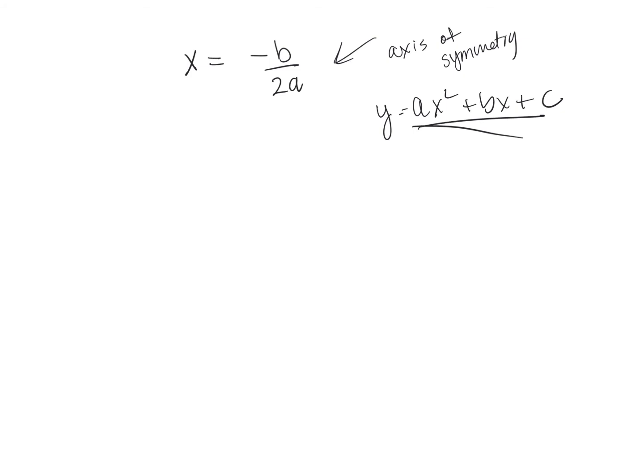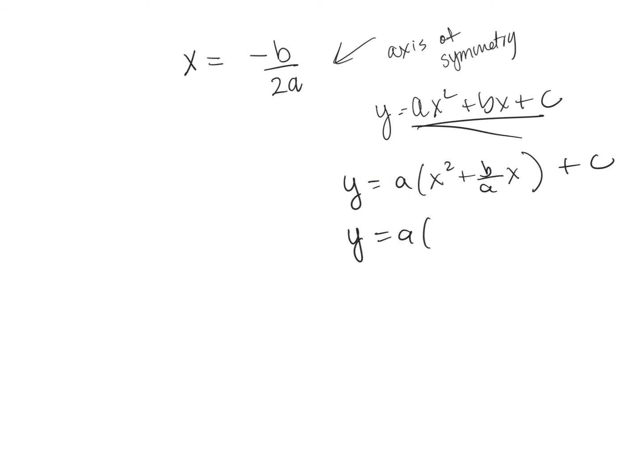So if I complete the square, I pull the a out. And I take half of that and square it and add it inside the parentheses. This is going to be b squared over 4a squared.